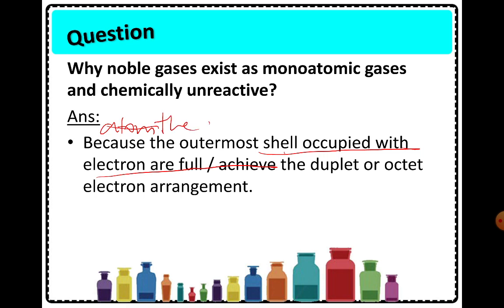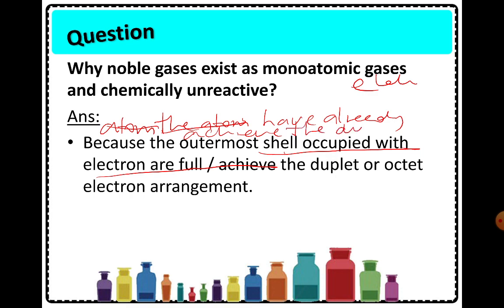The atoms have already achieved the duplet or octet electron arrangement. This is more accurate.